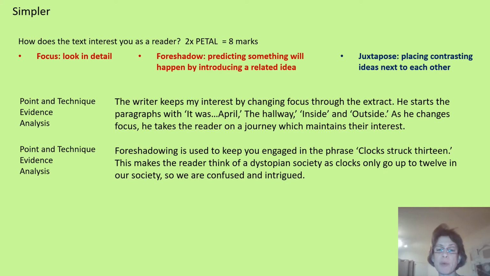Foreshadowing is used to keep you engaged in the phrase "the clock struck 13." This makes the reader think of a dystopian society, as clocks only go up to 12 in our society, so we're confused and intrigued. So that has the very bare bones of point, evidence, technique and analysis, and would be a simple but acceptable answer.